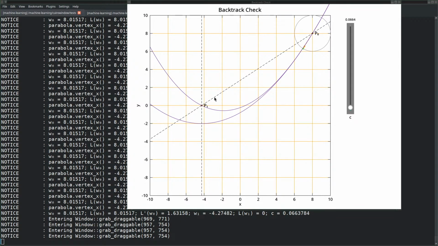I could, however, continue on this and then simply make an approximation in P1. Let's draw a parabola in P1 with the derivative and everything that we have here. I don't have a second derivative though.